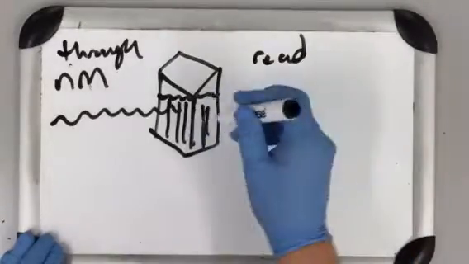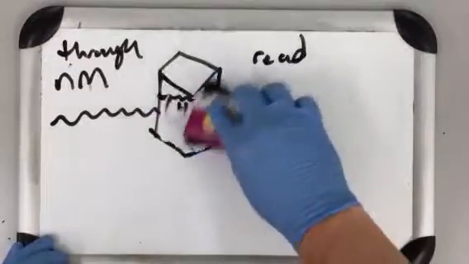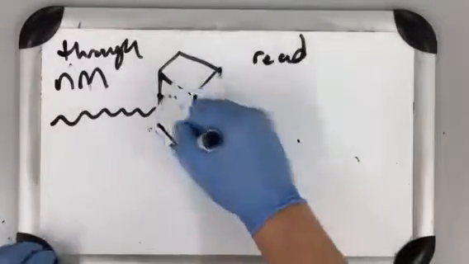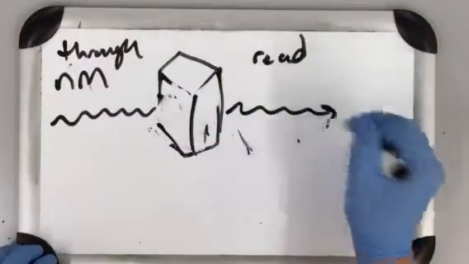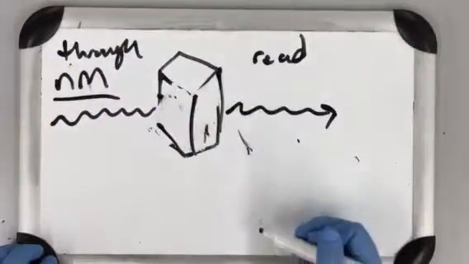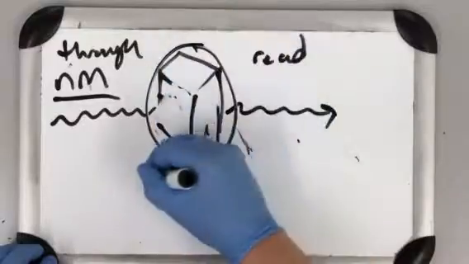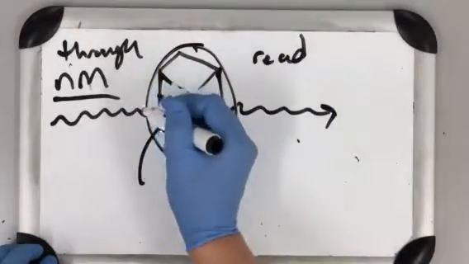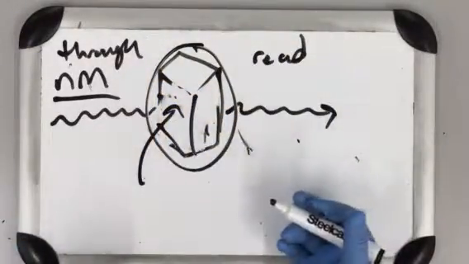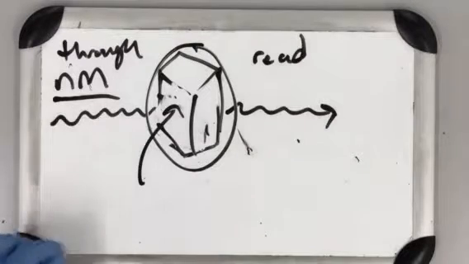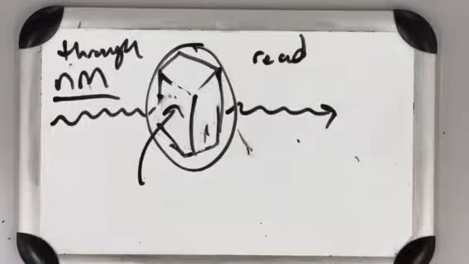However, if it's just water and it's very clear, then a lot of that nanometer wavelength still gets through. But remember, we have to blank things because the plastic and the water do absorb some. It's kind of like blanking a scale. If you're measuring something on a scale, but it has to be in a container, you only want to measure what's in the container, not the container itself.